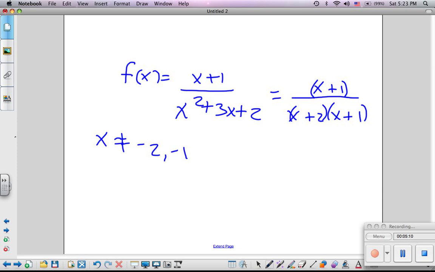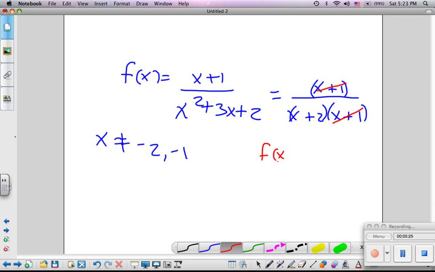Okay. Now, an alternate way, you might look at this and grab your red pen and say, oh, I can cancel the numerator x plus 1 and the x plus 1 here, and then simplify this and say f of x does just equal 1 over x plus 2.